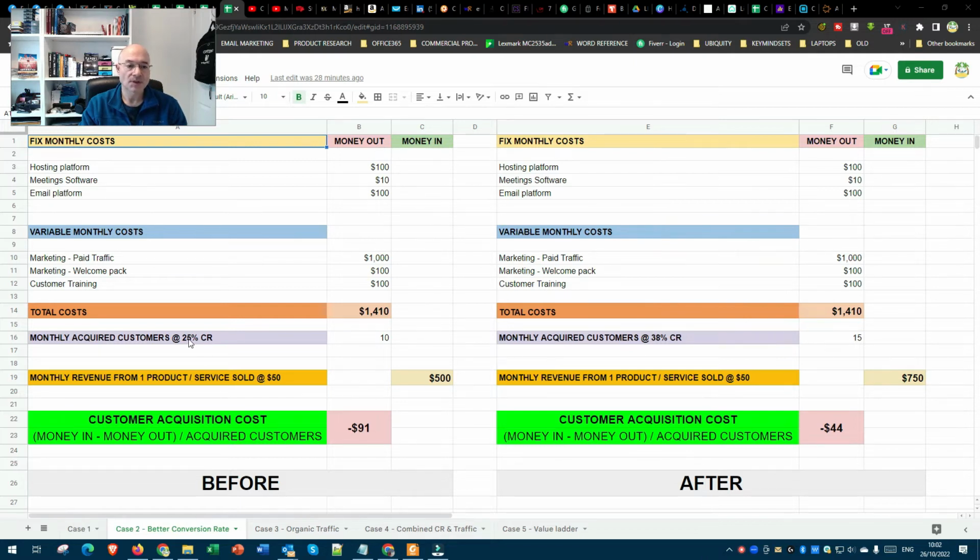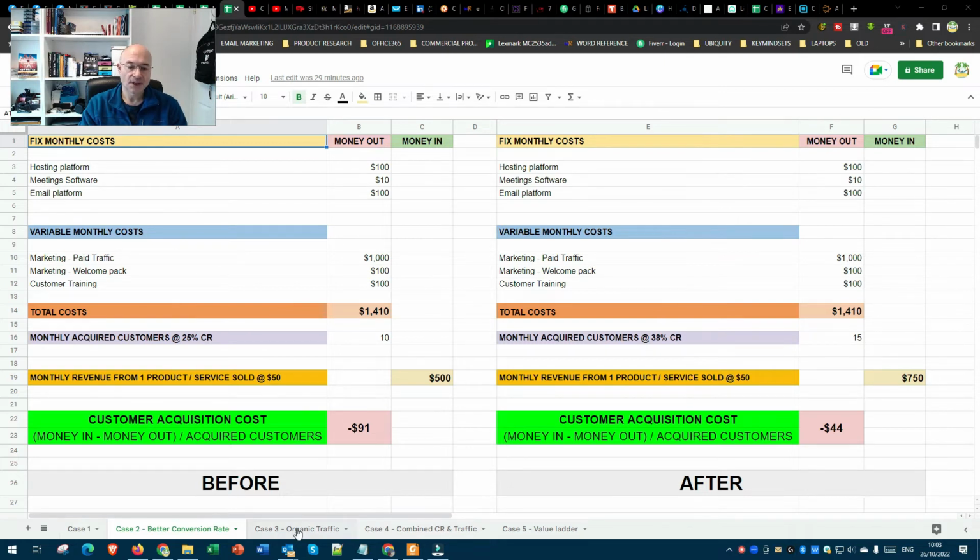We moved from 25% to 30%. That is going to bring us 15 customers every month rather than 10. We are going to be making obviously more sales, and then our overall cost is going down. So that's one way of bringing your cost down.